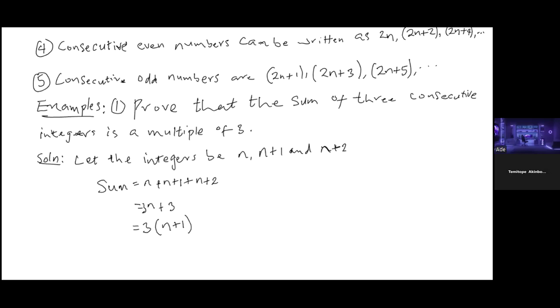So you can now conclude that hence the sum of three consecutive integers is a multiple of 3. So write that. When you are done, let me know.